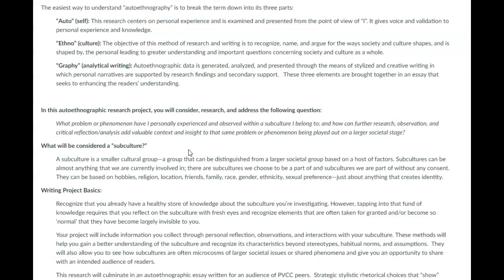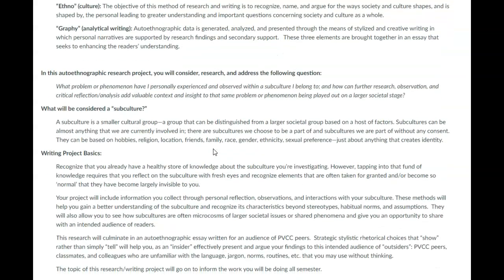So we're not just looking at problems in the cultures that we belong to, because there's a lot of good happening in our cultures, in our subcultures that we belong to also. But we're going to pick one or another, and then we're going to analyze that. Analyze it as a researcher, not just as an emotional person involved in it, but also with creative thinking skills that help us see what is happening in this situation and why does it matter.